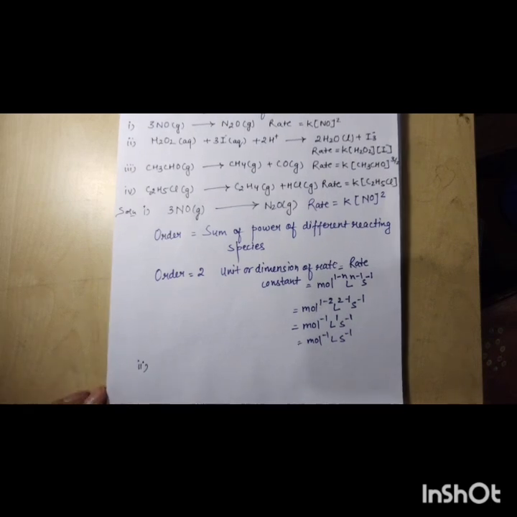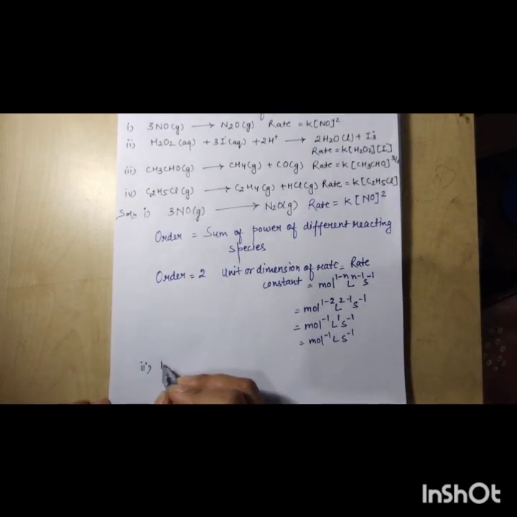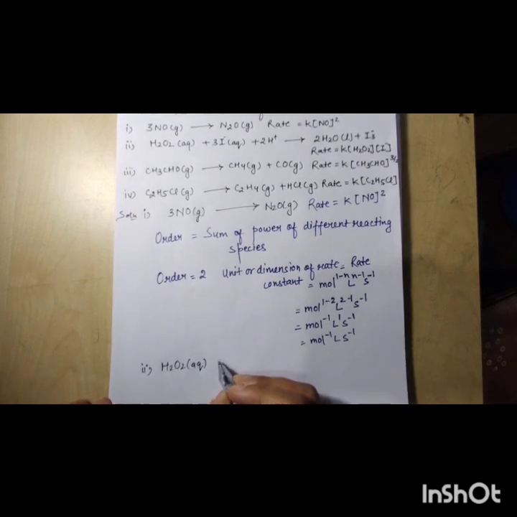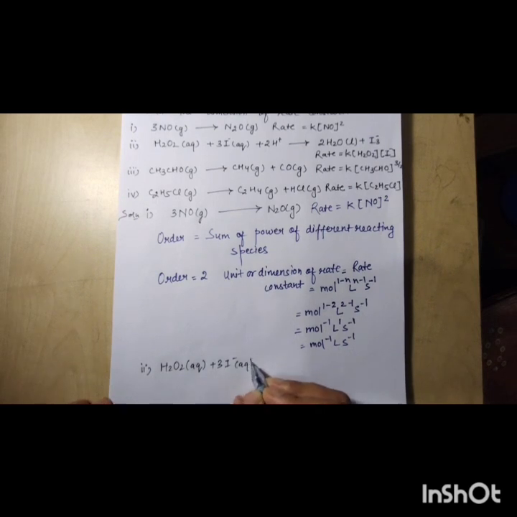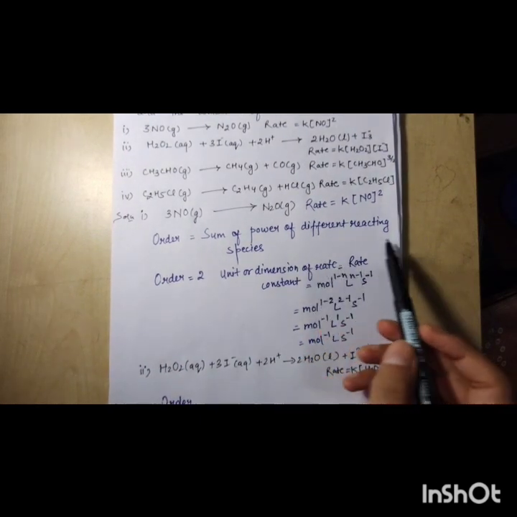So the next question is: here again the rate expression is given, and we know that order is equal to the sum of power of the different reacting species.